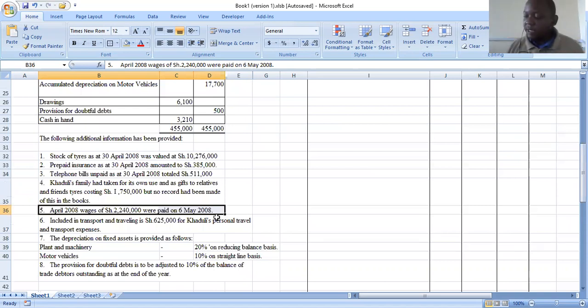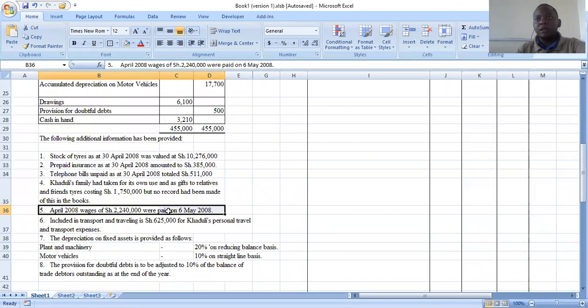So that is to say that as at 30th April 2008, wages of 2.24 million were outstanding because they were paid in May.